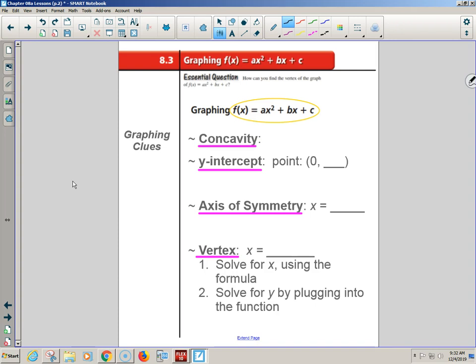But we were never looking at the picture of the parabolas or the quadratics. It might be a little bit discouraging because some of you might have just heard me say this bx comes in the middle and kind of messes everything up. But there are hints, there are formulas, there are tricks to not let him totally mess it up. It isn't going to be quite as easy as the others.